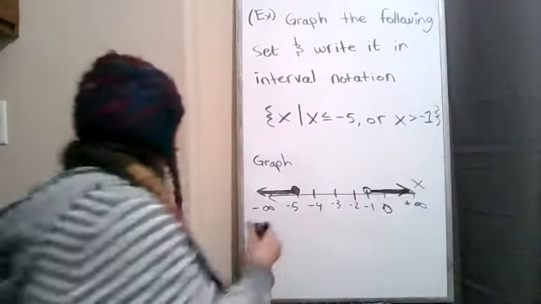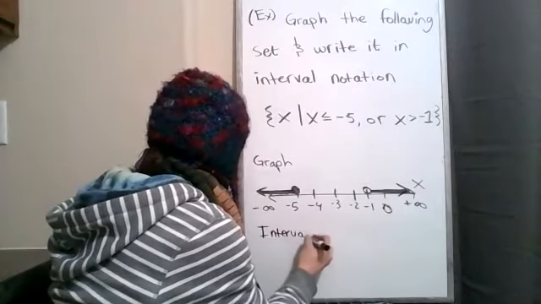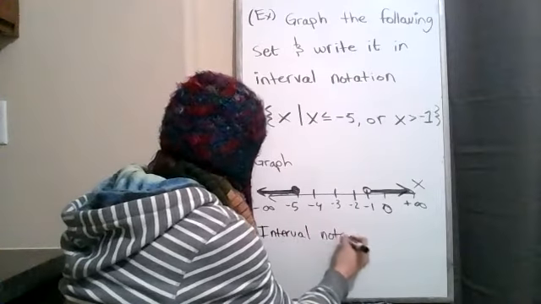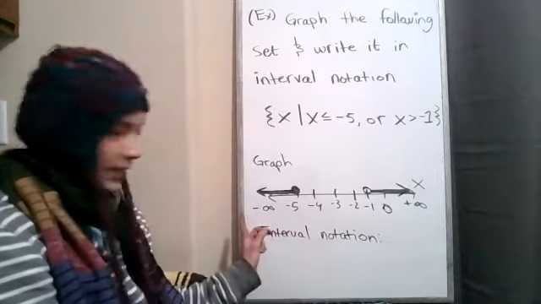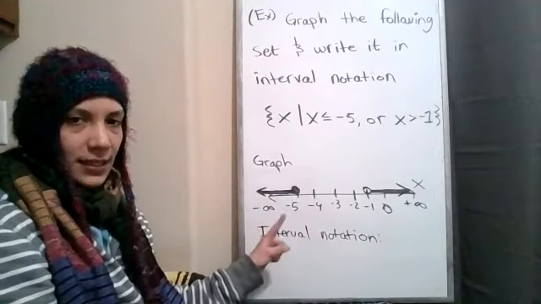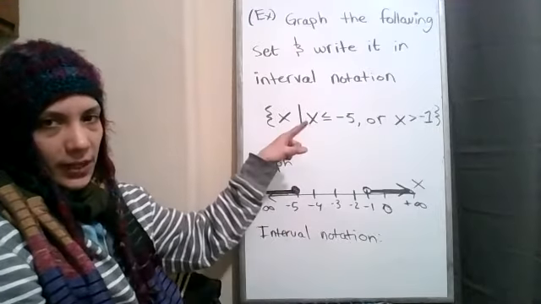Then the interval is the set that goes from negative infinity to -5, including -5 with the square bracket.